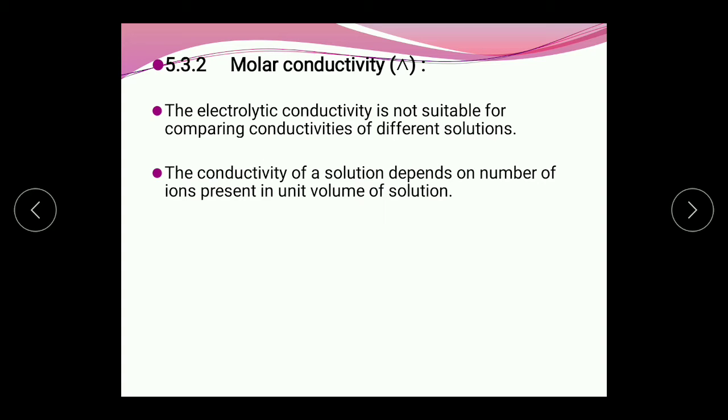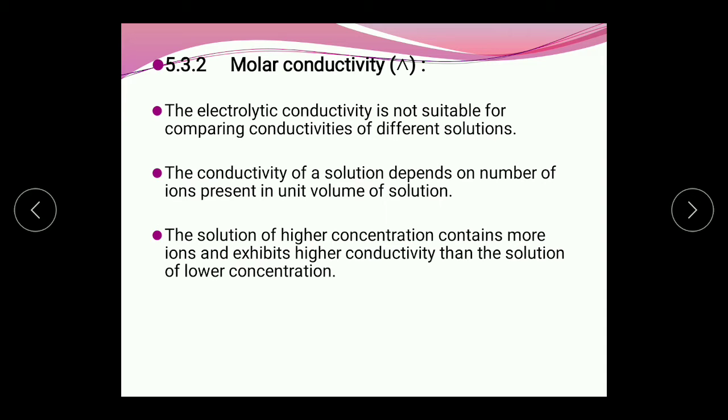The conductivity of a solution, as you know, depends on the number of ions present in unit volume of solution. Volume is measured in cubic centimeter or cubic meter, that means 1 cubic centimeter and 1 cubic meter. If it is kept constant, then conductivity depends on the number of ions present in that volume of solution.